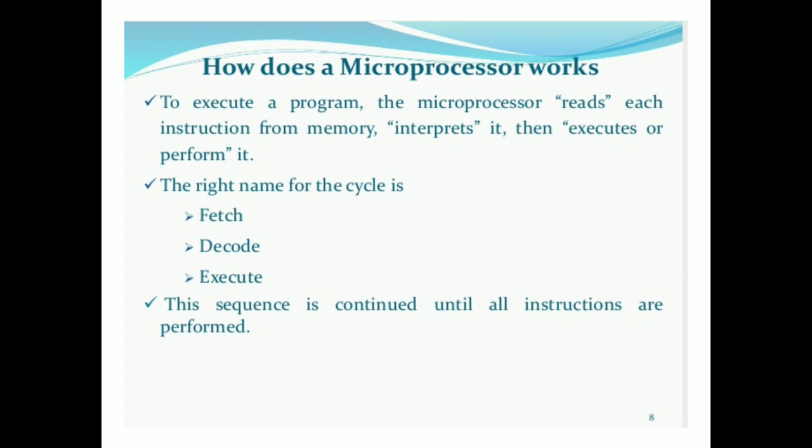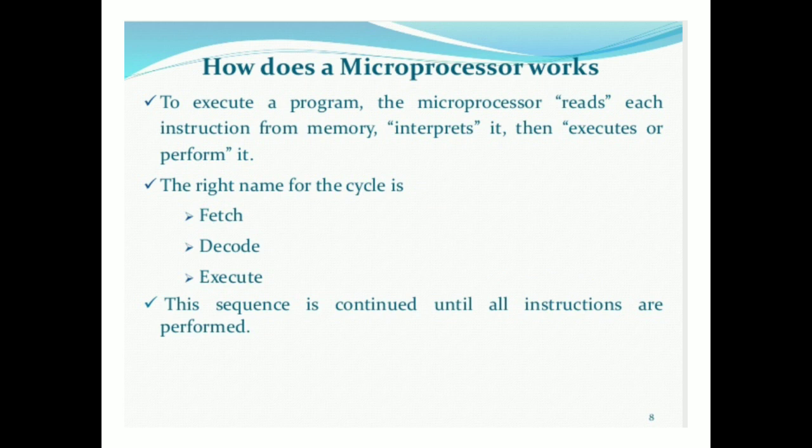After decoding an instruction, the CPU comes to know what operations are to be performed. It also comes to know whether the data to be processed are in the memory, general purpose registers of the microprocessor, or at input-output ports.